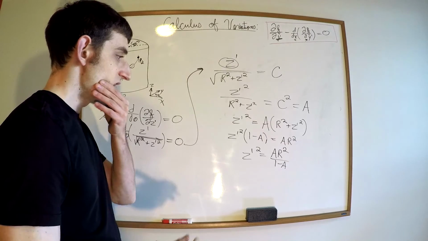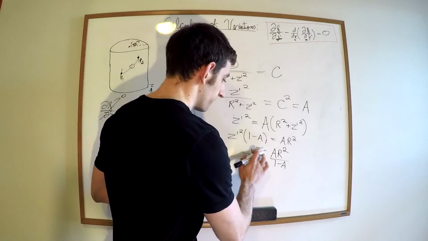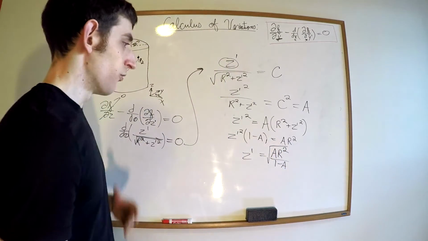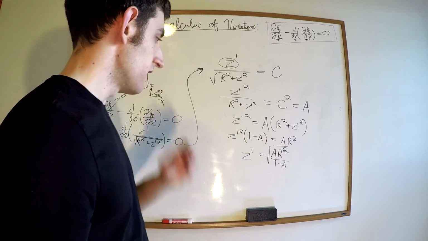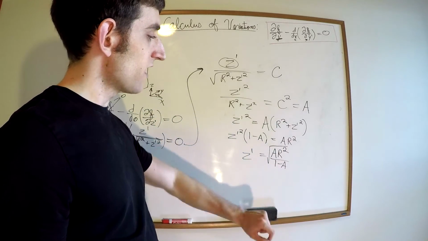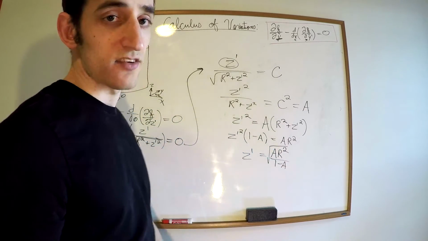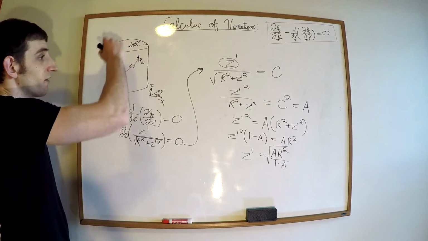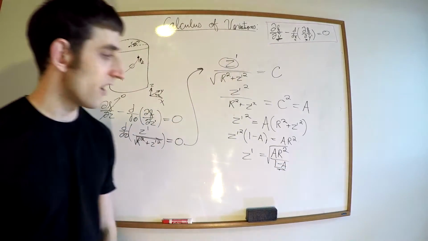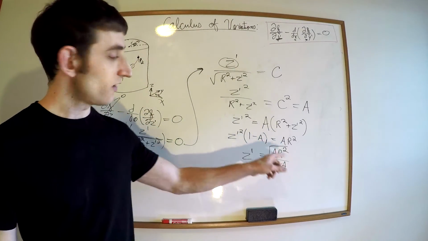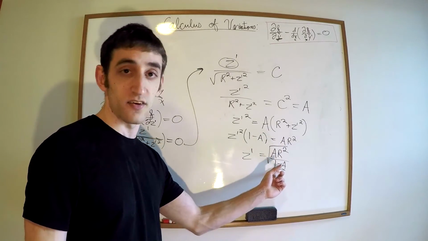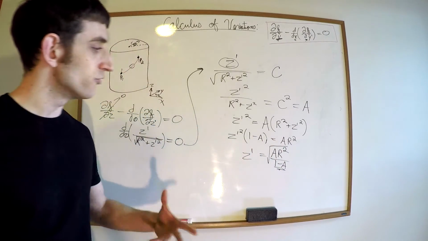And the final thing we can do is take the square root. a was a constant; we squared it, so a is a constant. We know r is a constant because r is fixed to the outside of our cylinder. We also know that 1 minus a is a constant. So a, a constant, times r squared, a constant, is another constant, divided by this constant. What does that give you? That gives you a constant.